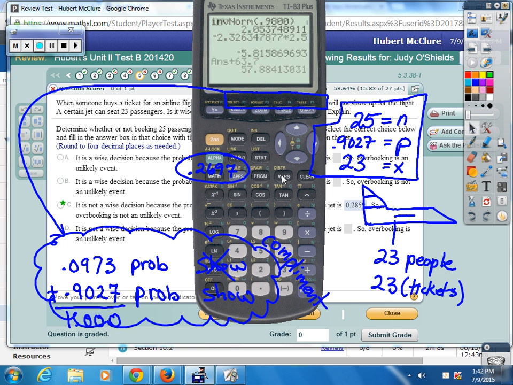Second bar. I can't remember if it's binomial PDF or CDF. I think it's CDF. And that'll be 25, comma, 0.9027, comma, 23.